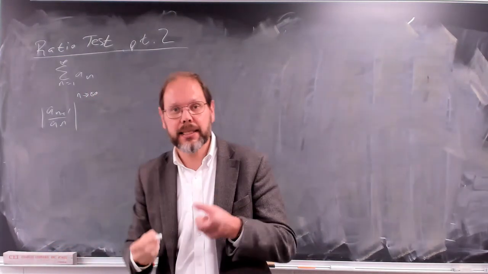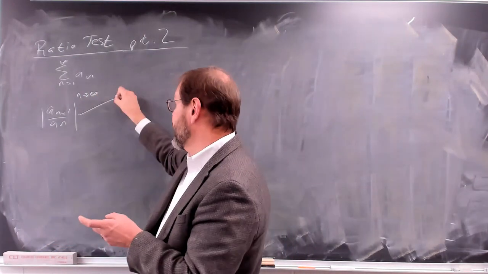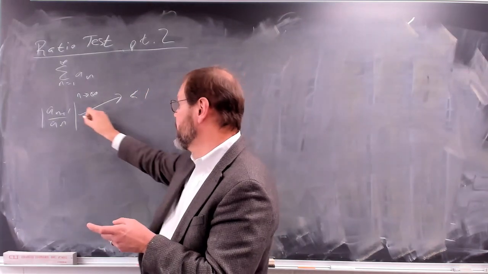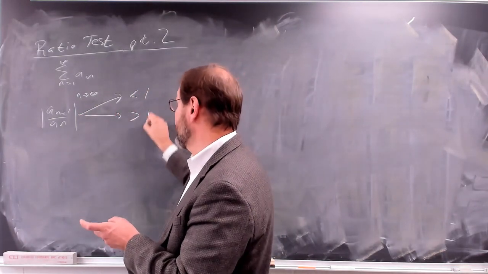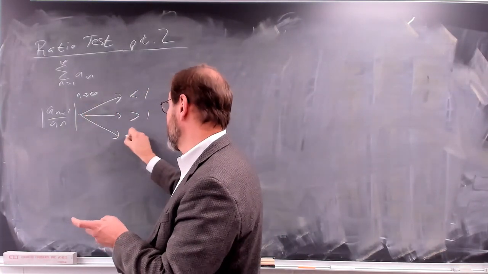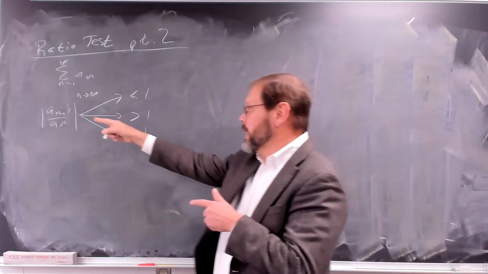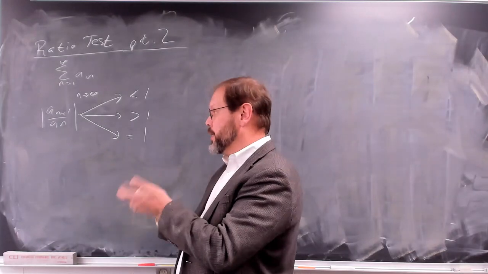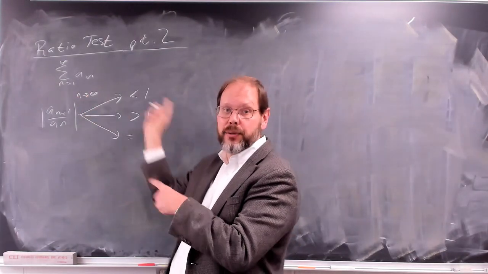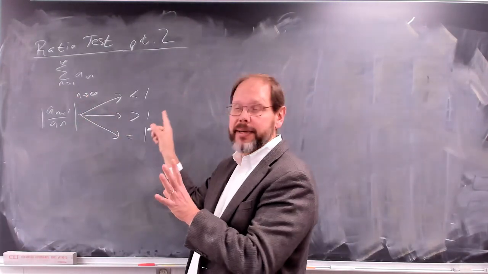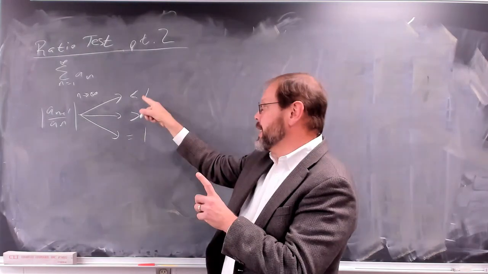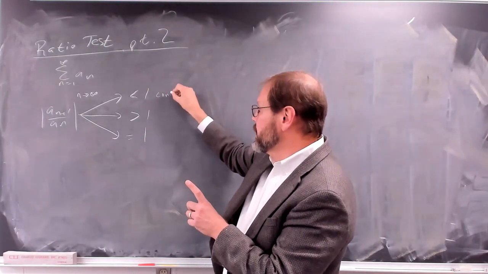And one of three things is going to happen, right? Either that limit is going to be less than 1, that limit is going to be greater than 1, or that limit is going to be equal to 1. Okay. So I look at the ratio of consecutive terms, I look at the limit as n goes to infinity of that, and one of three things is going to happen. And if it's less than 1, then we have convergence.